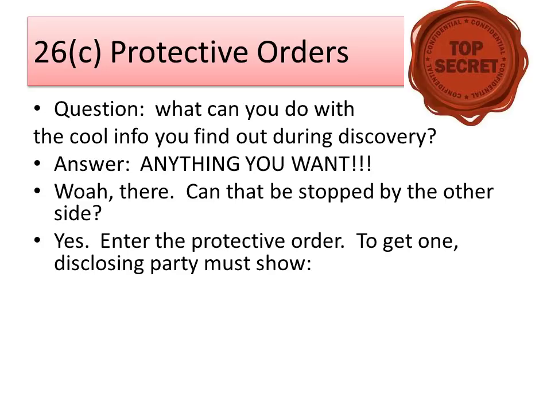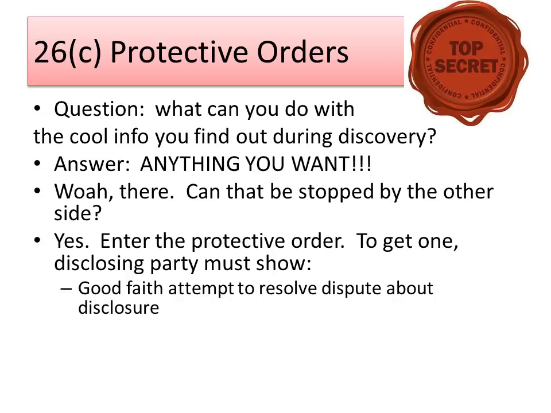To do that, the disclosing party must show a number of things. They have to show, first of all, that they made a good faith attempt to resolve the dispute about the disclosure without involving the court, that they would be harmed by the disclosure, and that they have good cause for the protective order. They have to show all those things to get one.